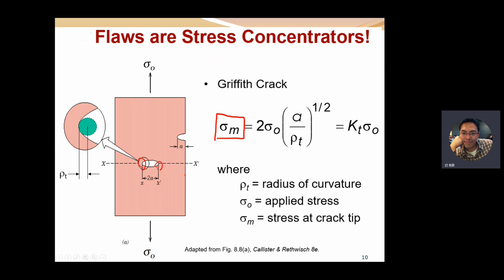It's geometric dependence. It's related to the applied stress, the crack length or crack size, and the radius of curvature of the crack tip, and equals Kt times the applied stress.